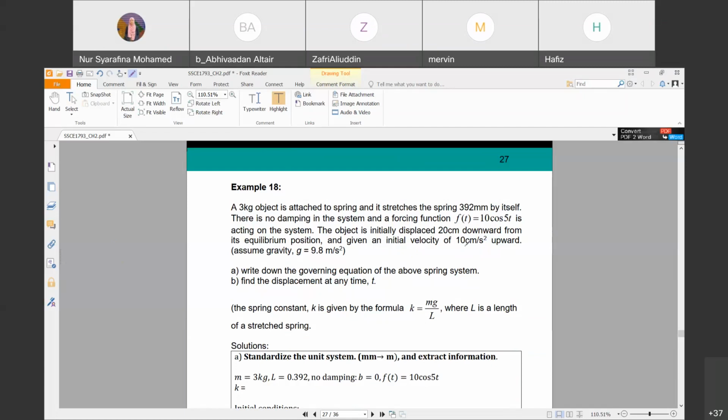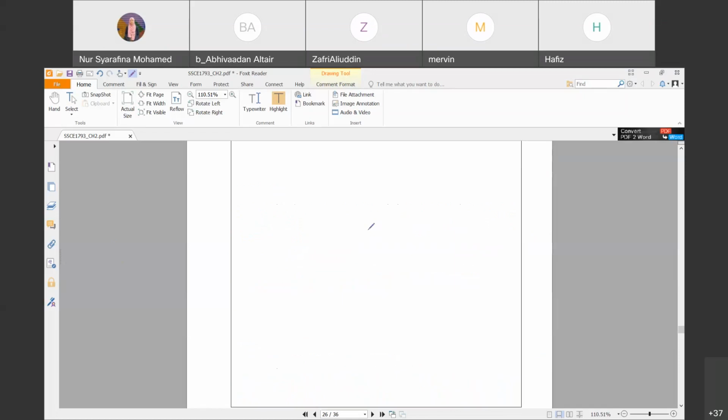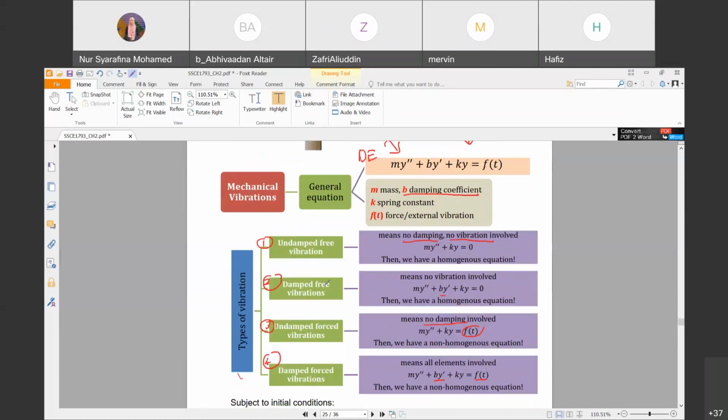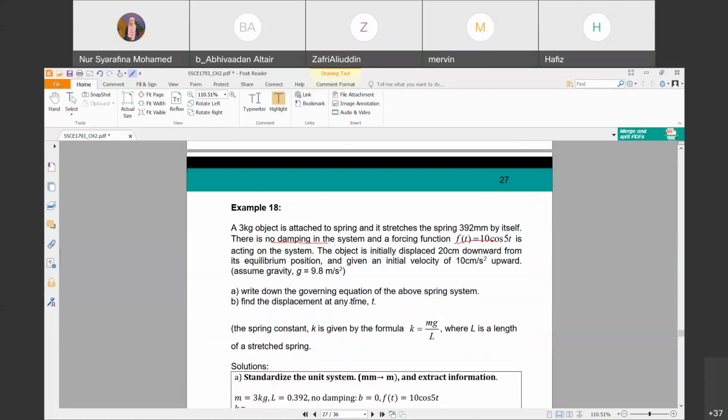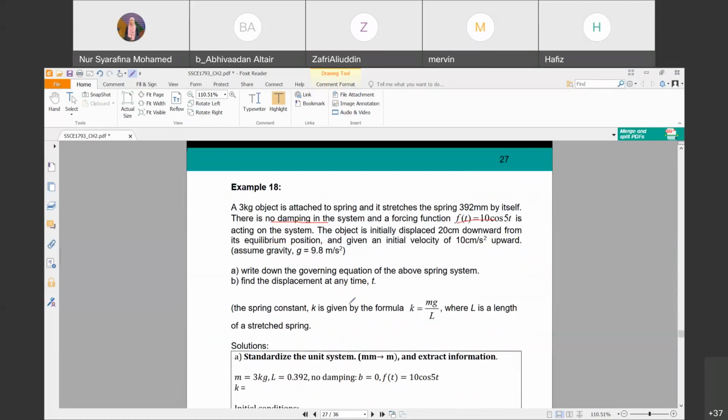So you know what downward and upward mean, and you know that this is a no damping system with a force. So which one? Undamped with a force.